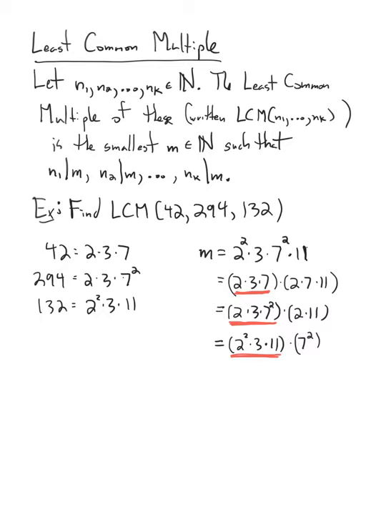For 7, I have 7 to the 1, 7 to the 2, and here we have no 7, 7 to the 0. So the max is 7 to the 2. And we look at the 11's, 11 to the 0, 11 to the 0, and 11 to the 1, so the maximum exponent is 1. So we're taking the maximum of each of the exponents for each prime.